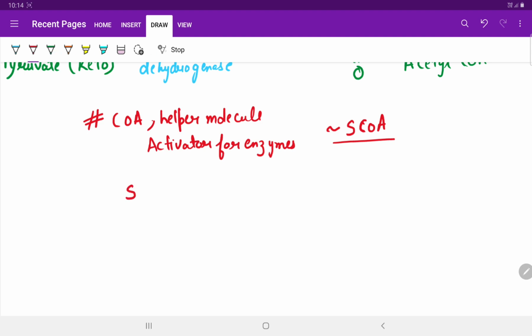So I will shadow the structure for coenzyme A. It's a very large structure, you can see here. It even involves the purine bases also.